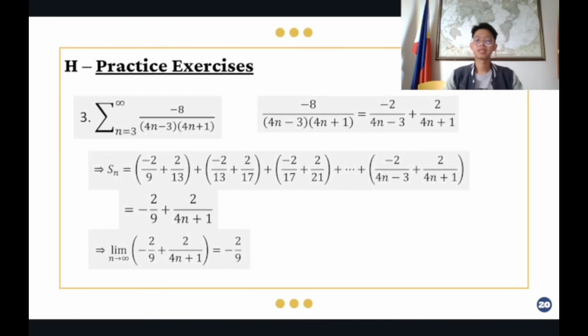And for practice exercise number 3, the sum of minus 8 over (4n minus 3)(4n plus 1) from 3 to infinity.